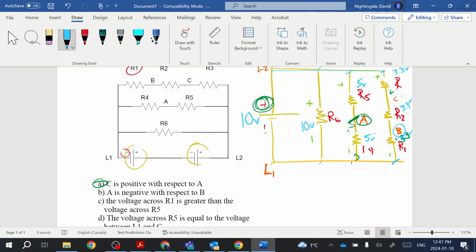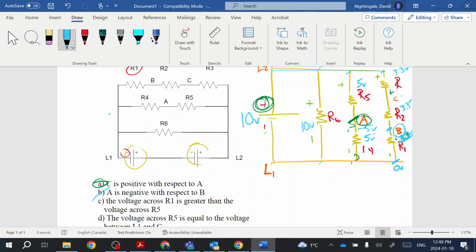And we've dropped from this point to this point. So we would be going from 0 volts to positive 3.3 volts. And then with respect to point A, which is going to be now plus 5 volts, it is actually more negative. So point B is more negative by 1.6 volts than point A. So B is more negative than A, so this would be incorrect right there.